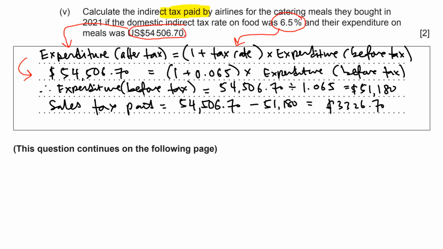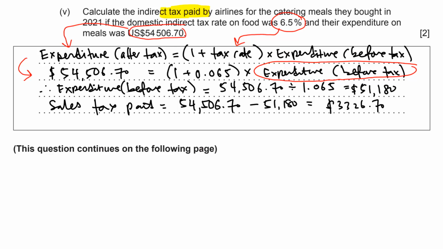You can see that now we've got 54,506 is equal to 1 plus 0.065. Remember, 6.5% is 0.065 in decimals, multiplied by the expenditure before tax. So we have to do a bit of algebra to rearrange the equation so that it appears on the left-hand side.